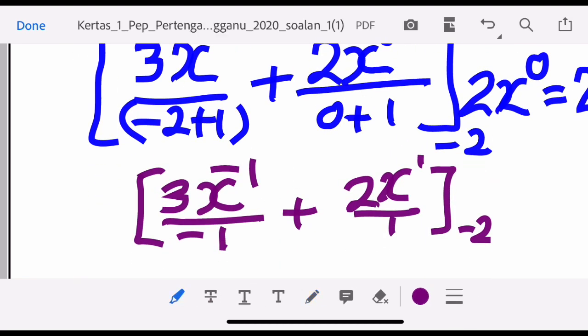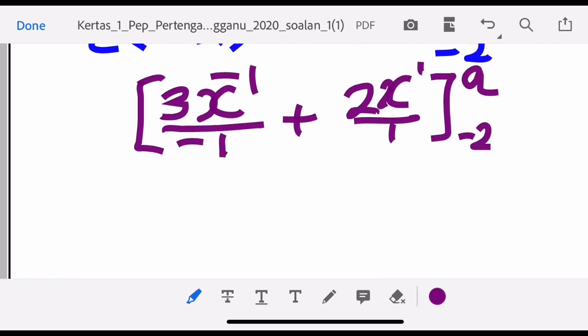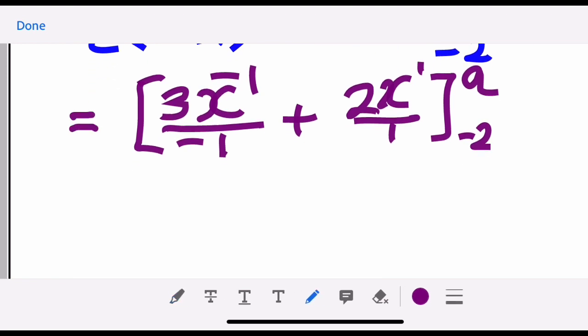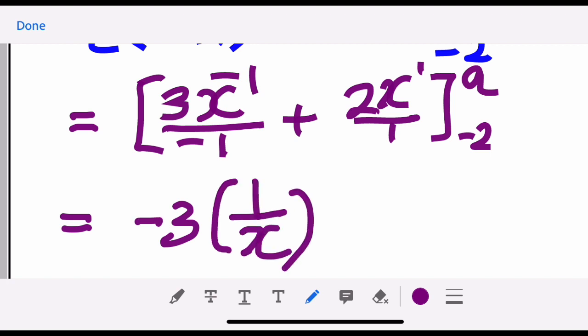Now normally if you do integration, you still cannot substitute first. You have to express like this: -3 times 1 over x, plus 2x.